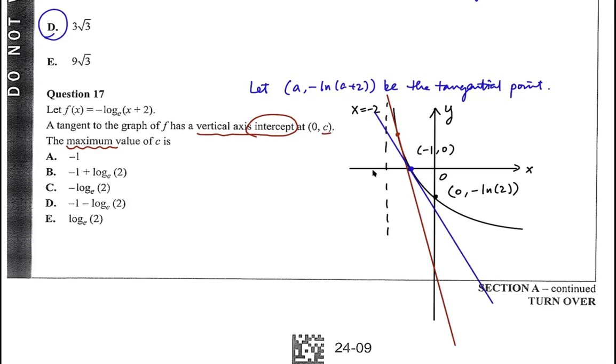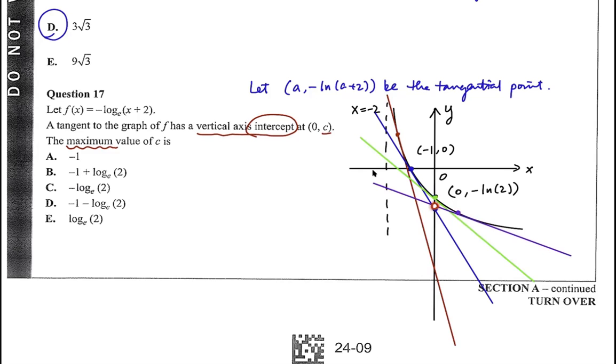If I move from left to the right, I will see this y-intercept getting higher and higher. How about the tangent at the y-intercept itself? Let me use another color, a green color. If I keep moving to the right-hand side, let's say this point, it's actually getting lower, see?